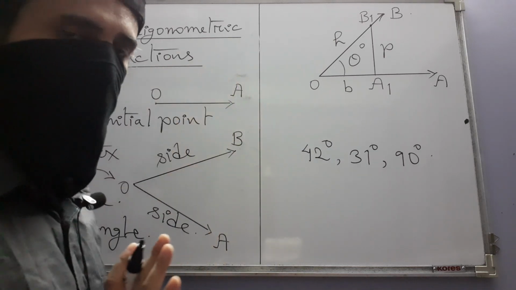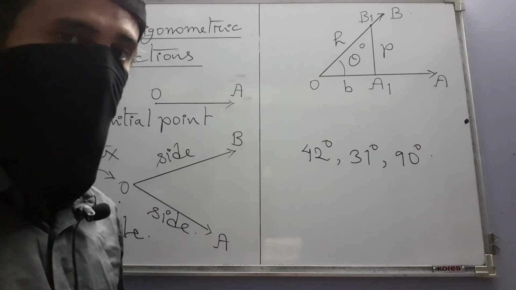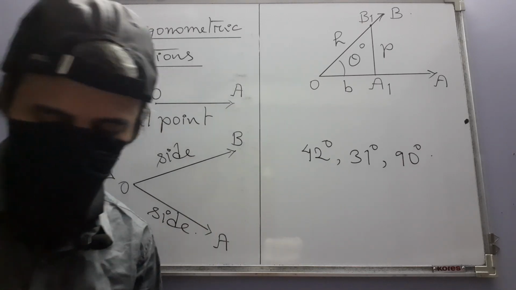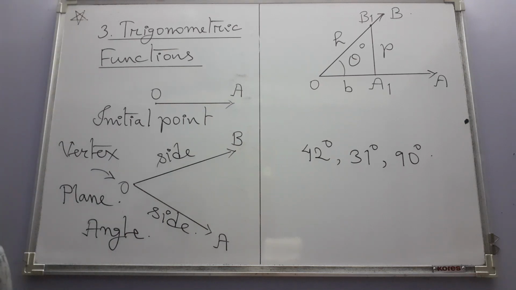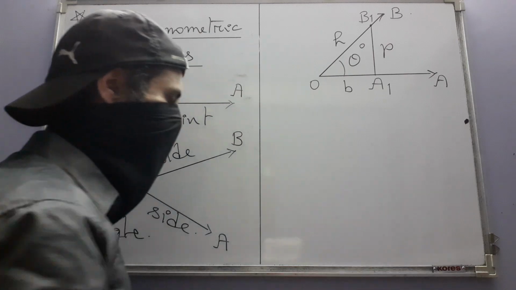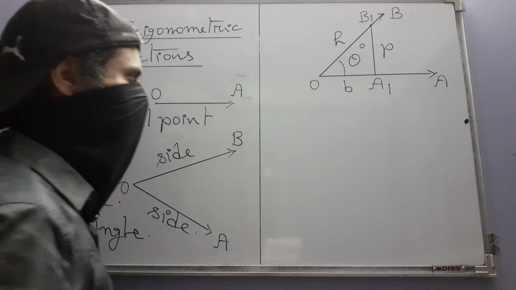Now once this is given to us, we are ready to go back to the definitions of sine theta, cos theta, those things. So let's just recall those definitions. What we are doing here is nothing new. We already have seen these things. We are just recalling them.